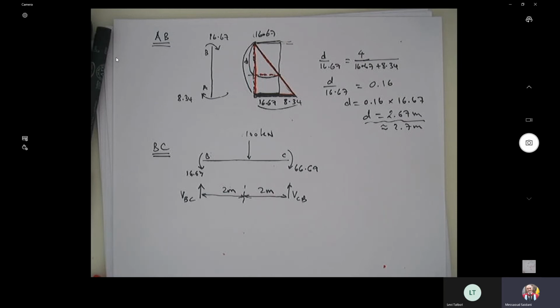So the VCB equals 16, plus 200, minus 66.